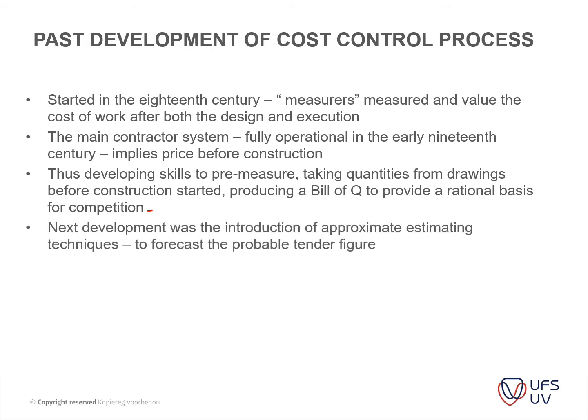So the next development was the introduction of approximate estimate techniques, the forecast of probable tender figures. What happened was fully measured bills of quantities could be produced, and so historical data could be produced, and that data could actually be used.